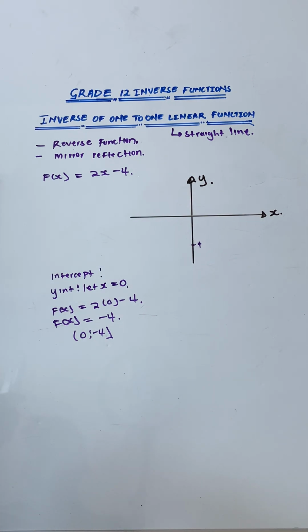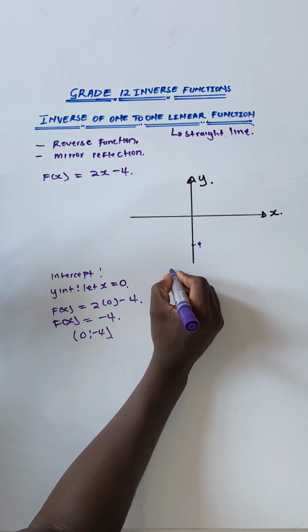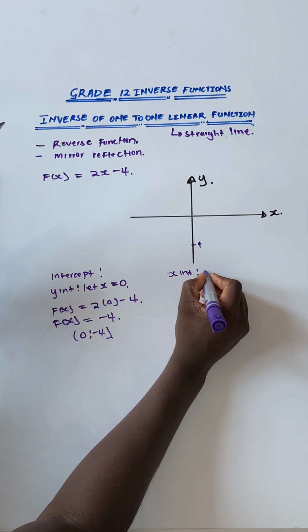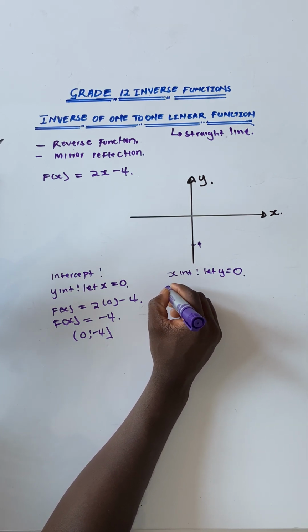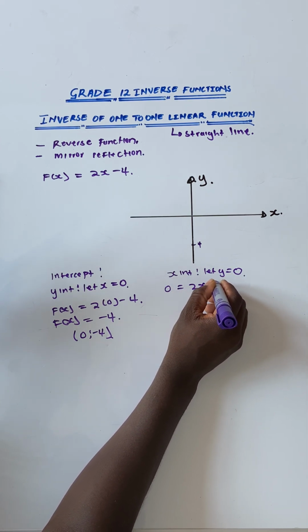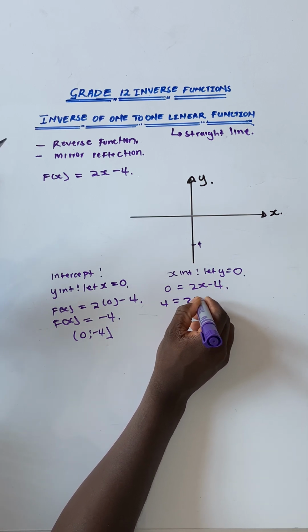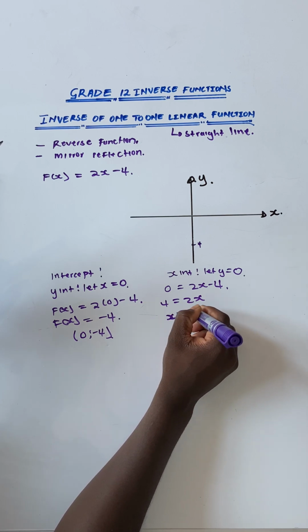Now we have found the y-intercept. Let us go on to find the x-intercept. How would we find the x-intercept? For the x-intercept, you let y be equal to 0. So 0 is equal to 2x minus 4. Then 4 goes to that side, this will be equal to 2x, and x would be equal to 2.